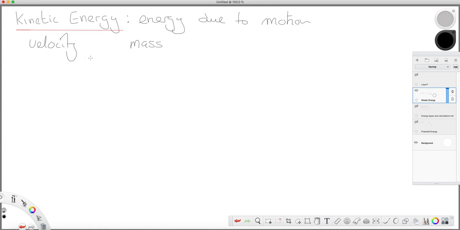So the energy that's involved depends on the velocity and the mass.